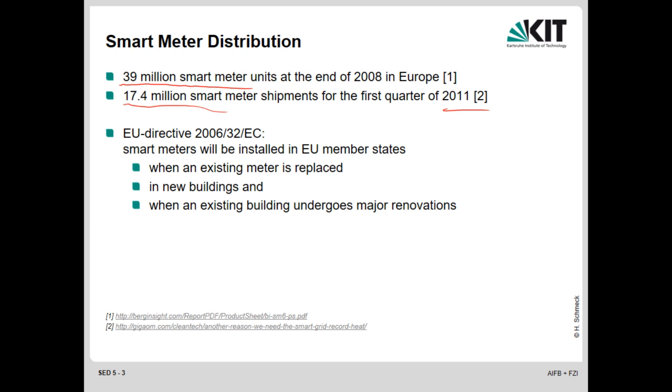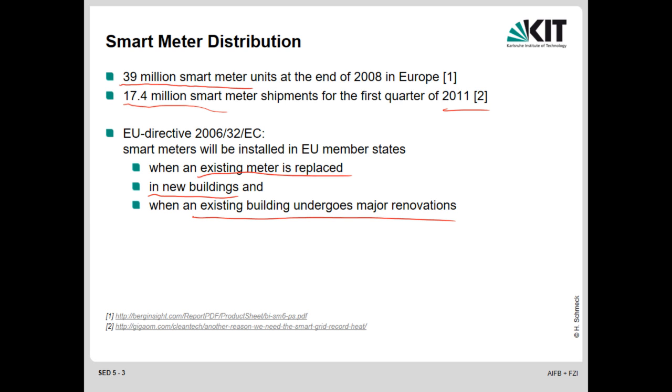There is a directive by the EU that smart meters will be installed when an existing meter is replaced, in new buildings, and when an existing building undergoes major renovations. It should be installed. Nationally, this has to be done, but in the different nations, the speed at which this is done is different.